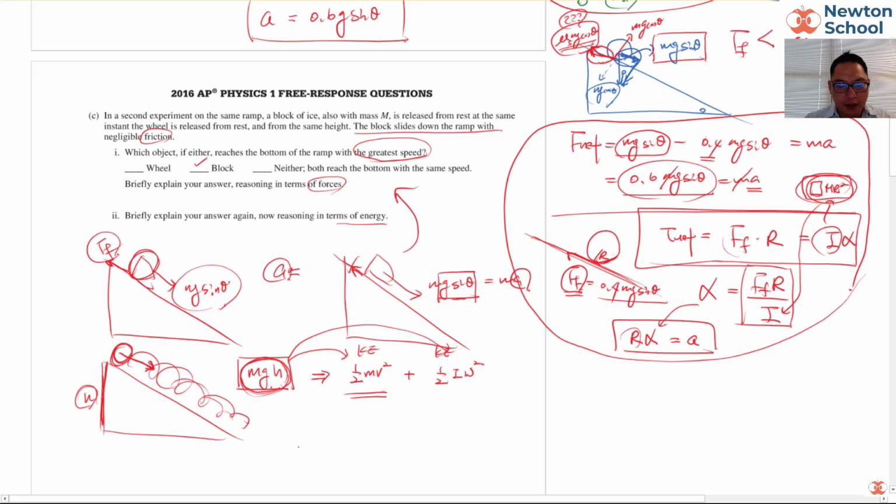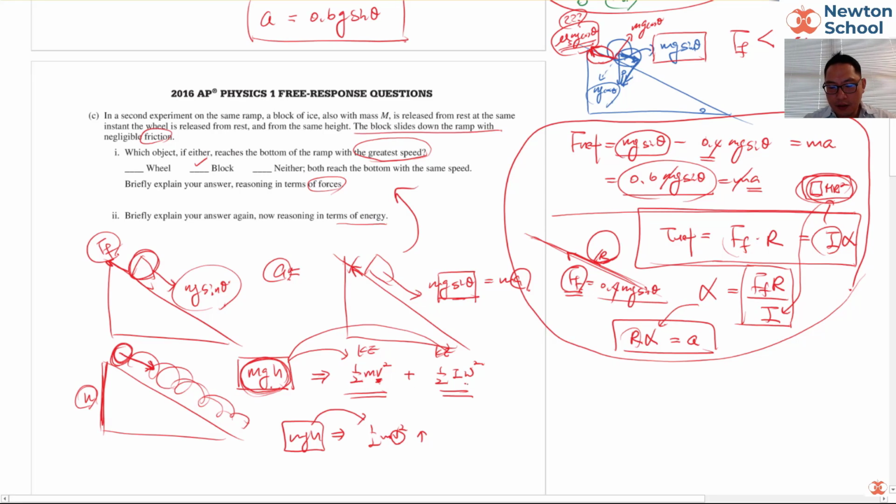But in the case of the ice cube, mgh becomes just 1/2 mv squared. Because you don't have rotation, you can use the full gravitational potential energy for translational kinetic energy. So this v has to be bigger compared to that v, because that v is shared between two of them.